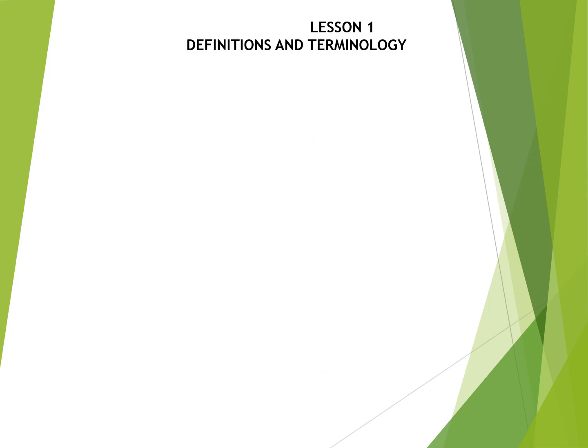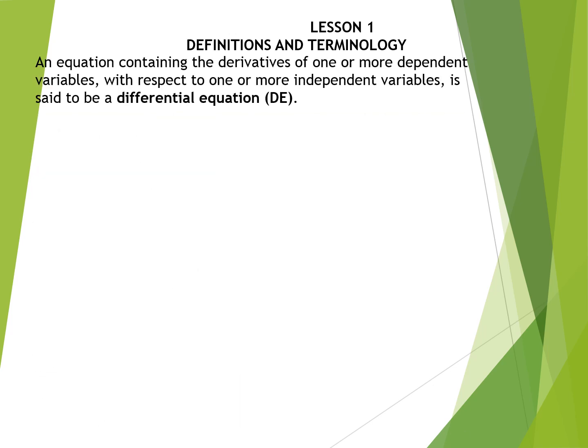Alright, let's start with lesson 1, definitions and terminology. Let us define a differential equation. A differential equation is an equation containing the derivatives of one or more dependent variables with respect to one or more independent variables. Here we will start to call that DE.